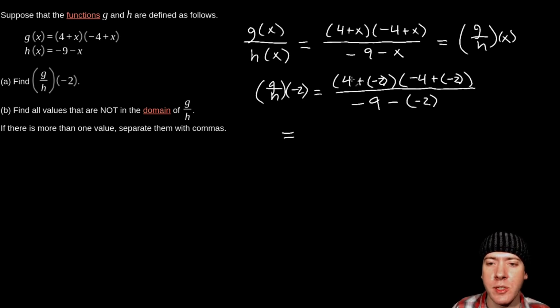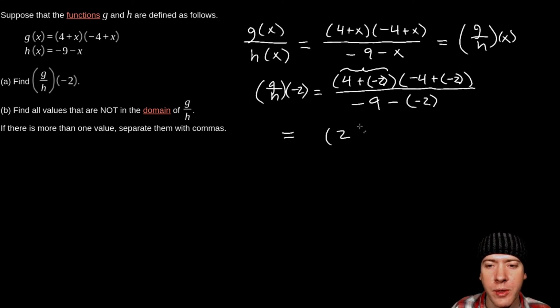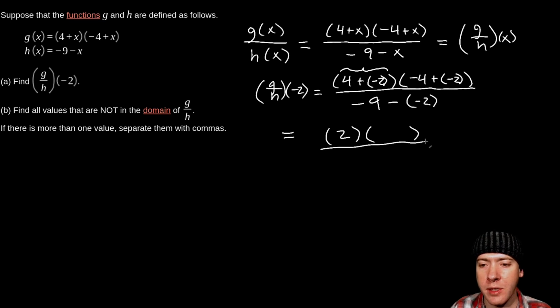So in this first set of parentheses, I'm looking right here, we have 4 plus negative 2. And what is that? That is the same as 4 minus 2, which is just 2. So inside that first pair of parentheses, we have the value 2. So I'm going to keep it in some parentheses. What do we have inside that next pair of parentheses on the top?